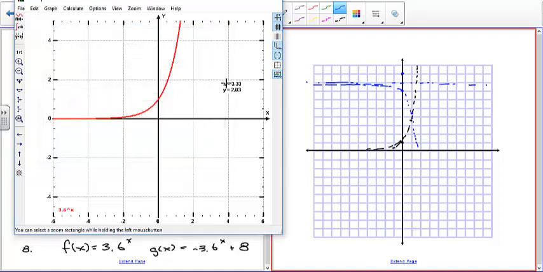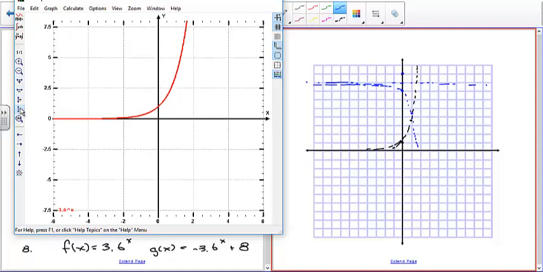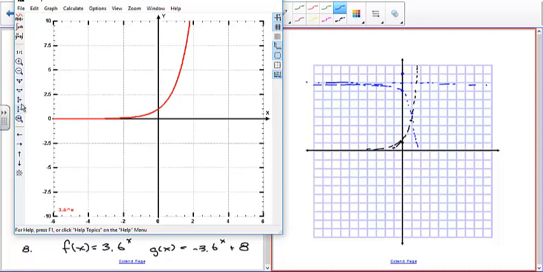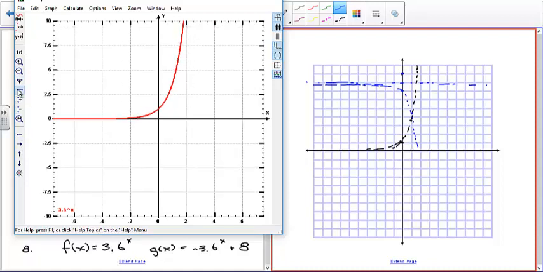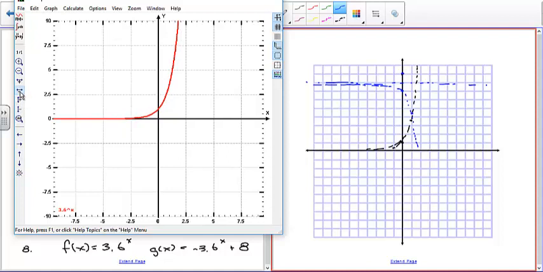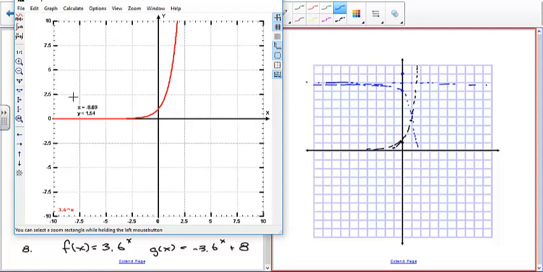So there it is. Let's zoom out in the y direction so we can get to 10, and then zoom out in the x direction to get to 10. There we go. So you can see how that looks. Notice it goes through x equals 0, y equals 1, and x equals 1 would be 3.6.